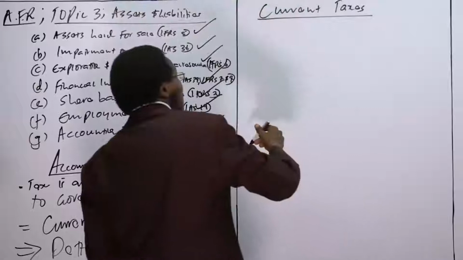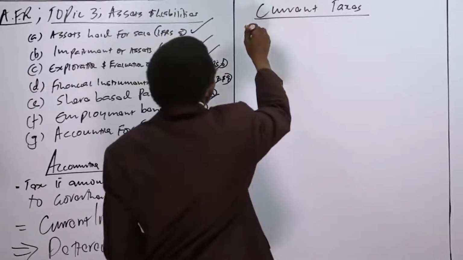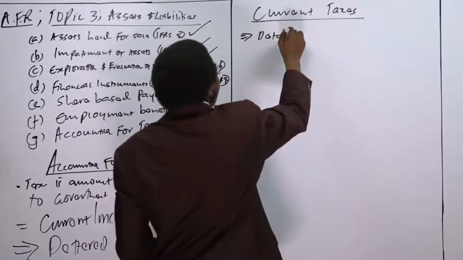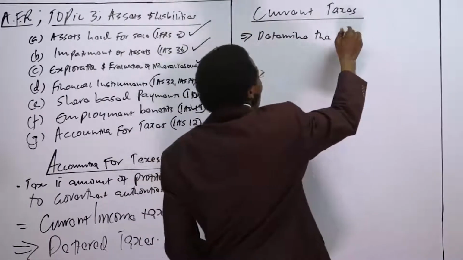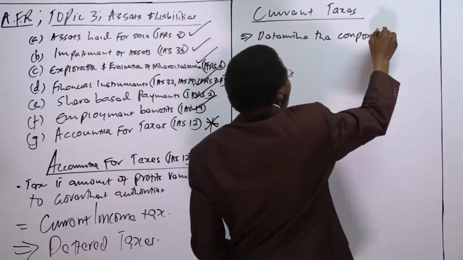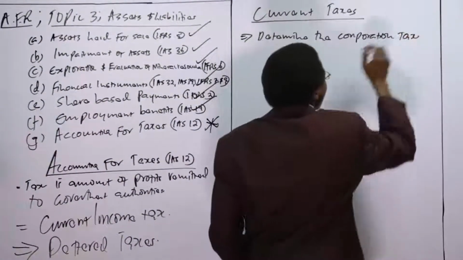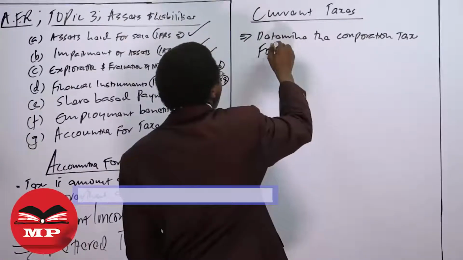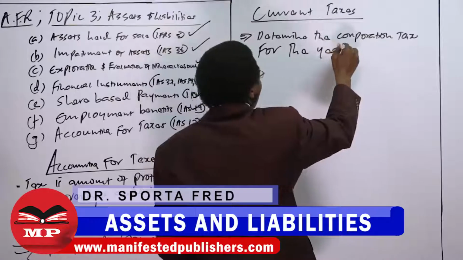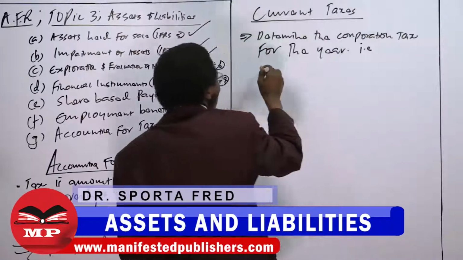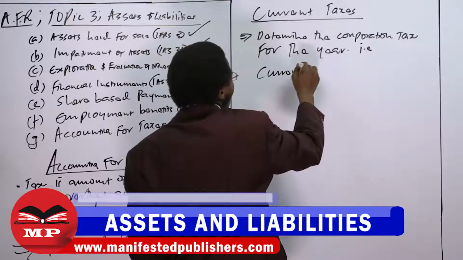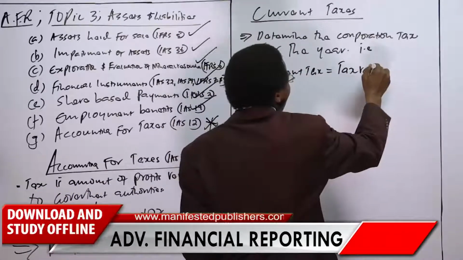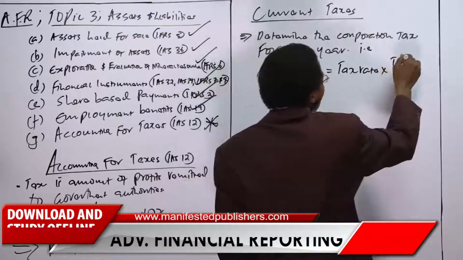Determine the corporation tax, which is actually the current tax, for the year. The current tax is simply the tax rate multiplied by the taxable profits.